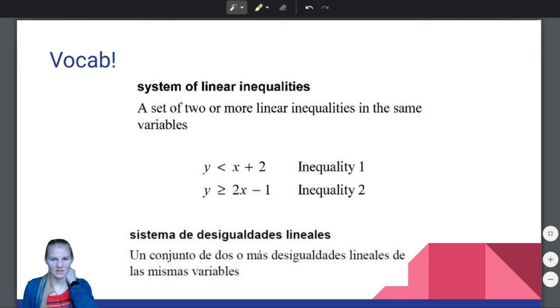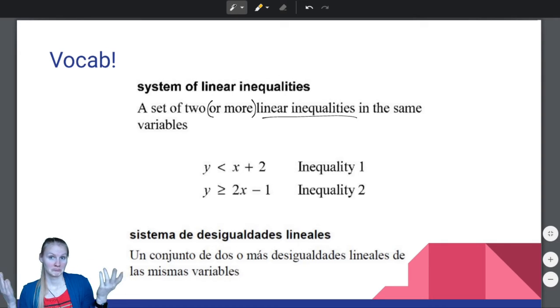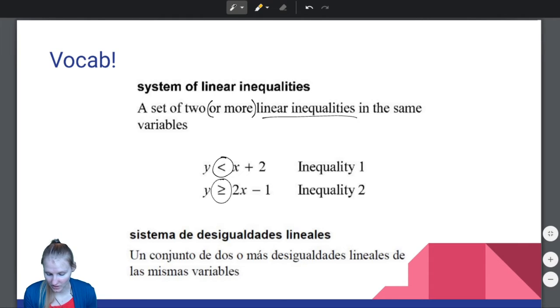What is a system of linear inequalities? Well, a set of 2 or more, we might get into the or more in a future video, but not today. A set of 2 or more linear inequalities in the same variables. It's basically the same thing as a system of linear equations, only instead of equal signs, we have inequalities.